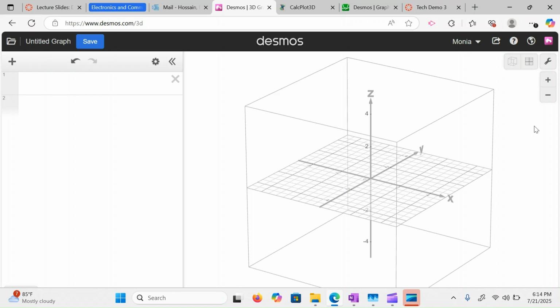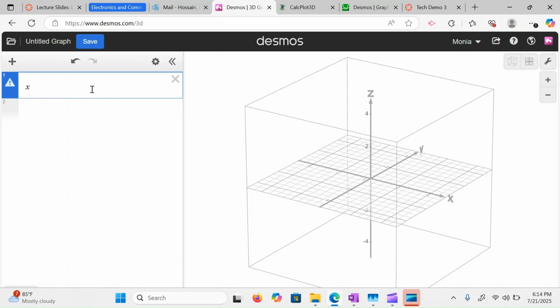So the first task is to graph x squared plus 2z squared less than or equal to y less than or equal to 18 minus x squared, and restricted only to the left half of the 3D space.